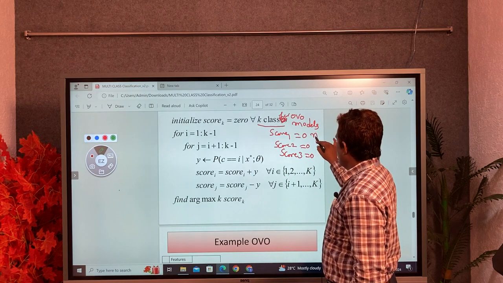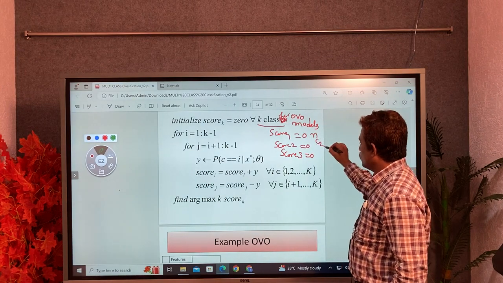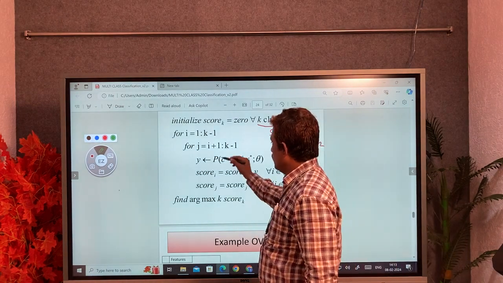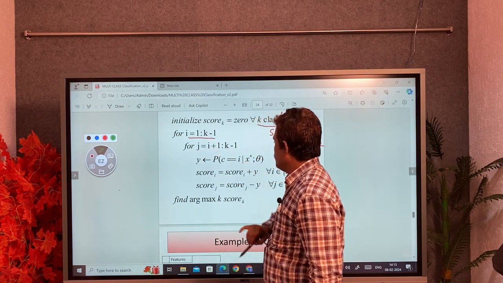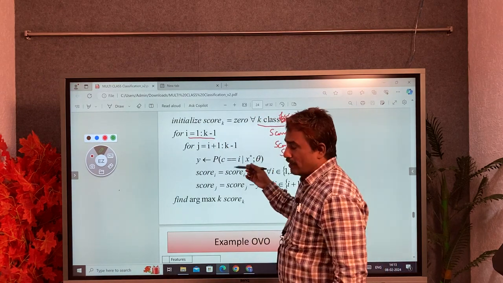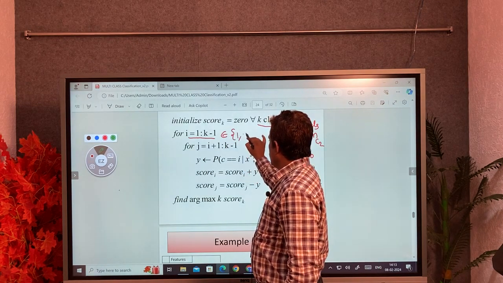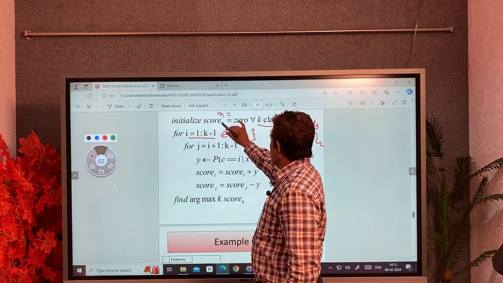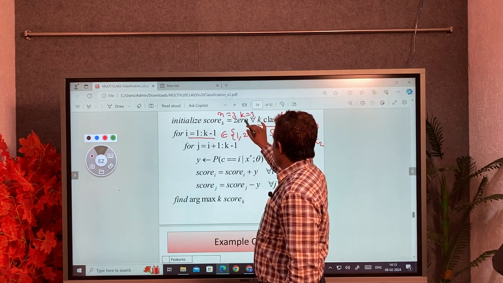Suppose there are 3 classes, k is nothing but 3C2. If there are 4 classes, 4C2. Now what is the algorithm? We write 2 for loops. The first for loop is from 1 to k minus 1. For example, if there are 3 classes, that is n is equal to 3, then k becomes 3, because k is nothing but nC2.